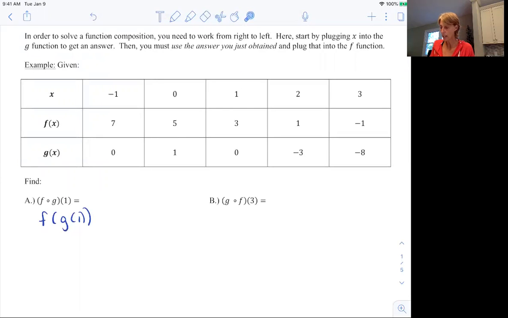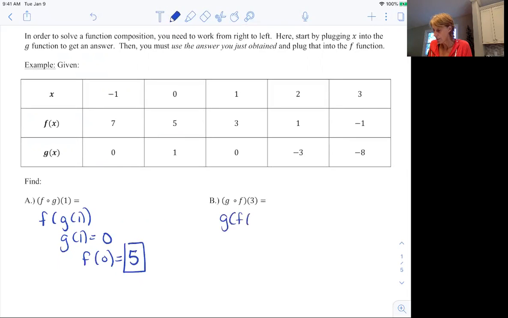When I plug 1 into g, my output is 0. So g of 1 equals 0. Now I'm going to take 0 and plug it into f, and f of 0 is 5. And that's your answer. That's how easy it is when you're evaluating from a table.